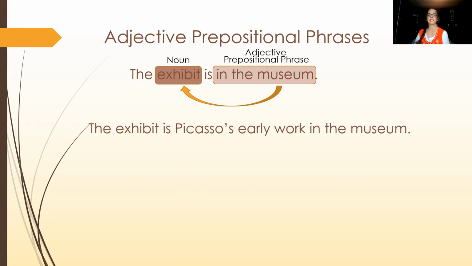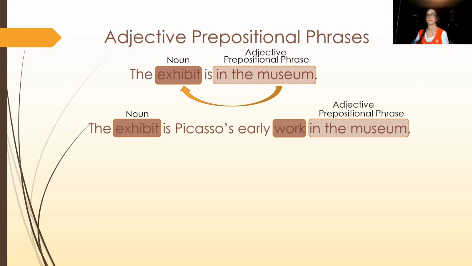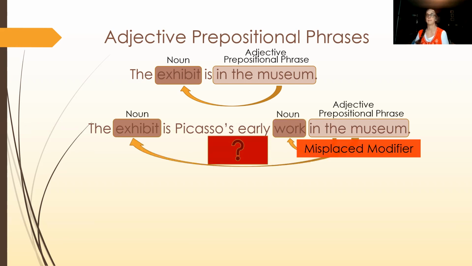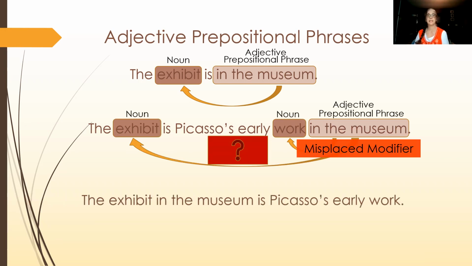Now let's look at this one. The exhibit is Picasso's early work in the museum. There's your prepositional adjective phrase. But what's it modifying? Misplaced modifier. The exhibit in the museum is Picasso's early work. That's how we would rewrite that one.